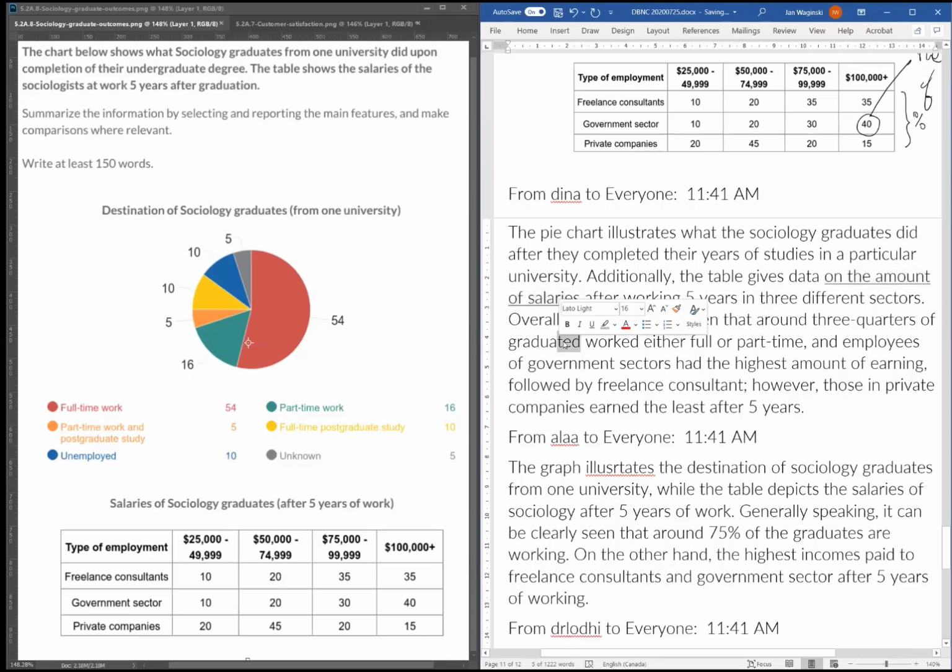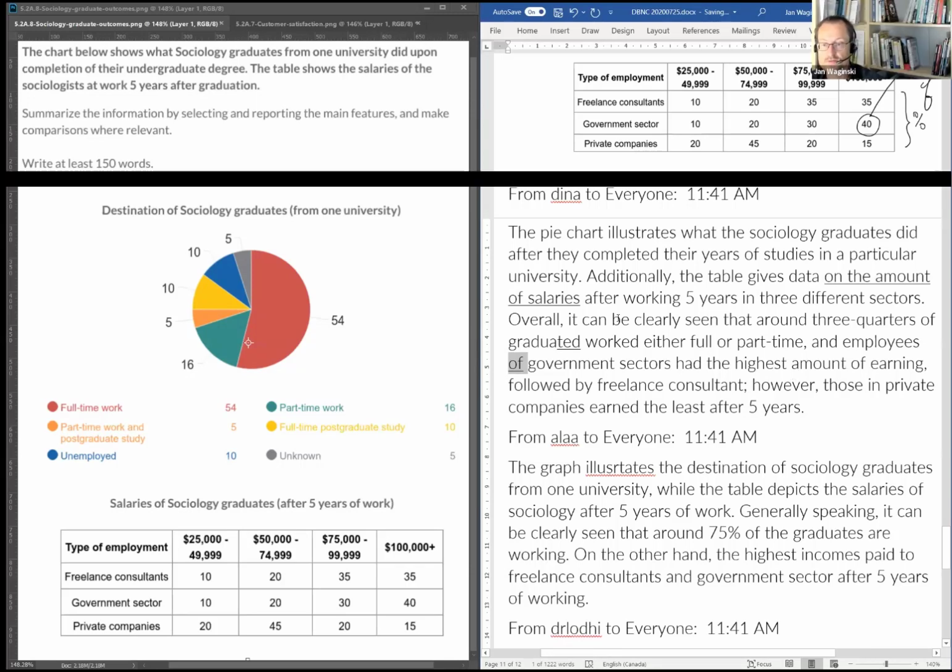Where is it? The amount of salaries. It is not clear what's the amount of salary. How much they earn per year? Okay, there's a problem at the end too.